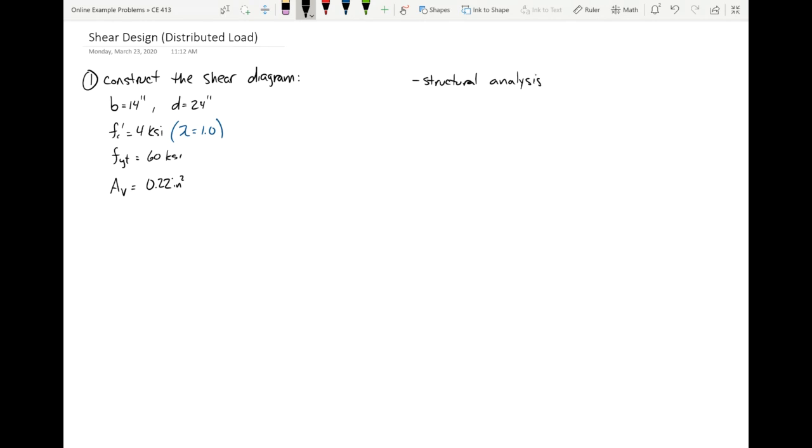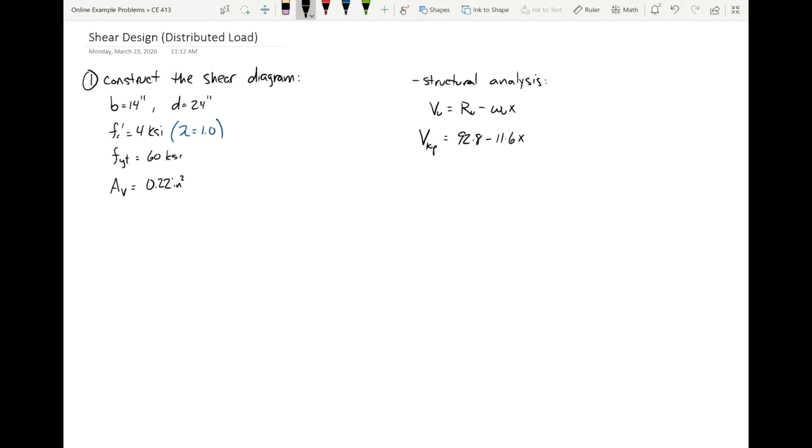And like I said, for this problem, I went ahead and told you that the equation for the shear was just the reaction minus Wx. So the way that I'm going to write that is I'm going to say that the shear, which is going to be in kips, is going to be 92.8, because that was the reaction that was given, minus 11.6x.